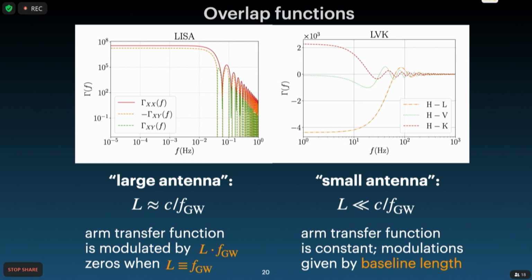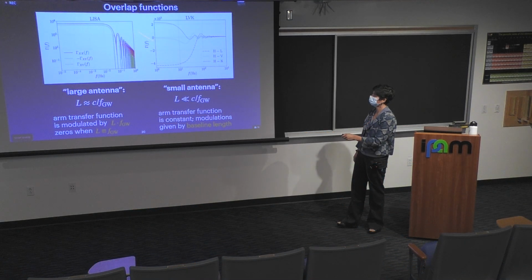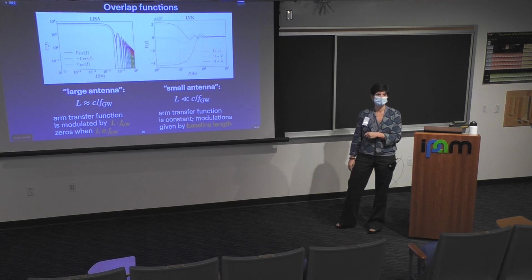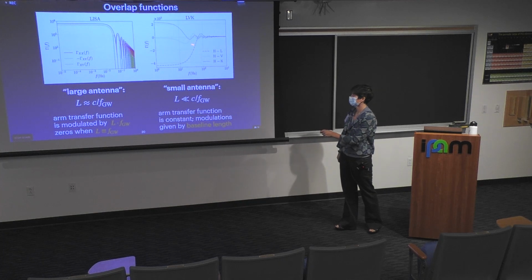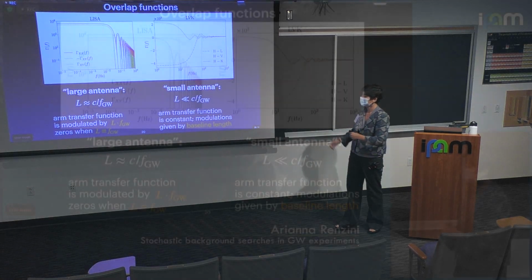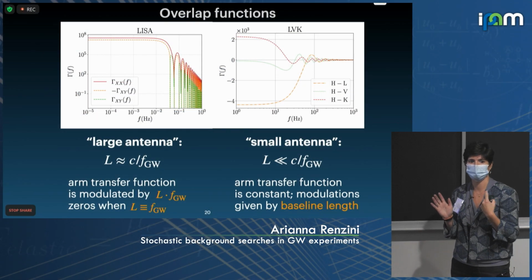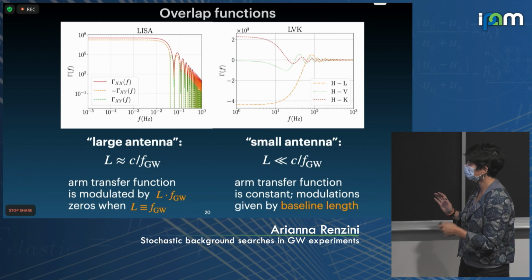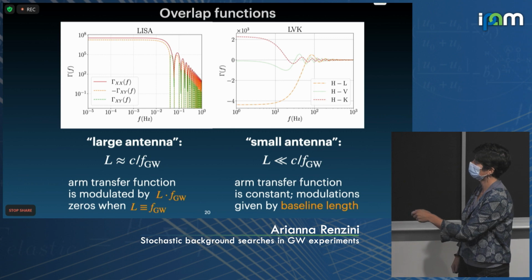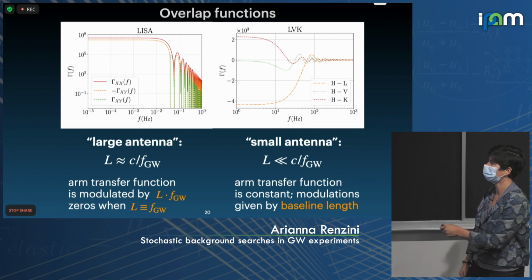Each of these baselines, the Hanford-Livingston baseline, the Hanford-Virgo baseline, and the Hanford-KAGRA baseline, has a different length. So they will all have a different contribution to the sensitivity to the background at different frequencies. The modulations you see here are given by this phase term, because the baseline couples to the frequency, and this gives you a damping factor at higher frequencies.